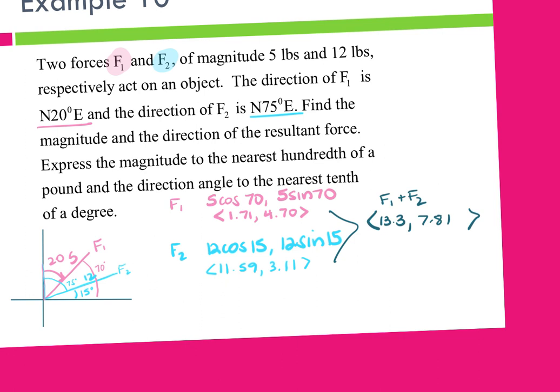Now to find the magnitude of F1 plus F2, I'm going to do the square root of 13.3 squared plus 7.81 squared. And I get the magnitude is 15 point, it says round to the nearest hundredth, 423. So 15.42.